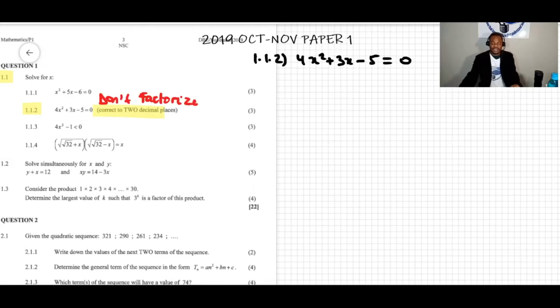Then you can either solve the equation by using the quadratic formula or by completing the square method. So I'm going to use the quadratic formula.